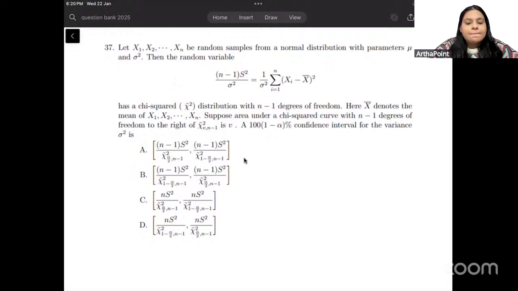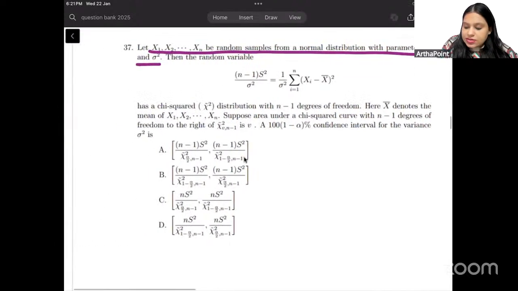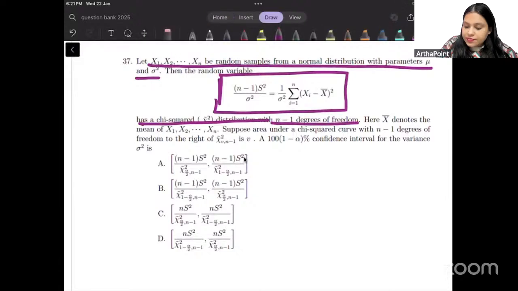How about others? Let x1, x2 be a random sample from a normal distribution with parameters mu and sigma square. Then the random variable, you're given a random variable, has a chi-square distribution with n-1 degrees of freedom. We know this thing, right?